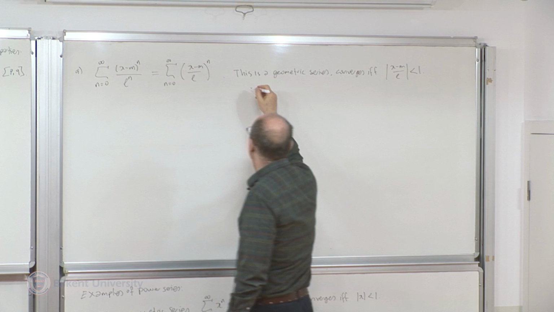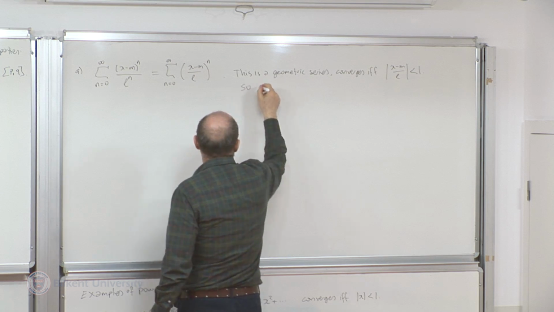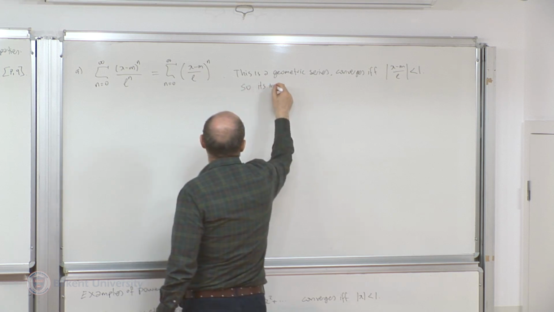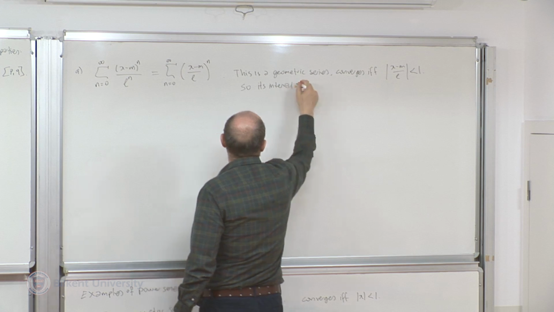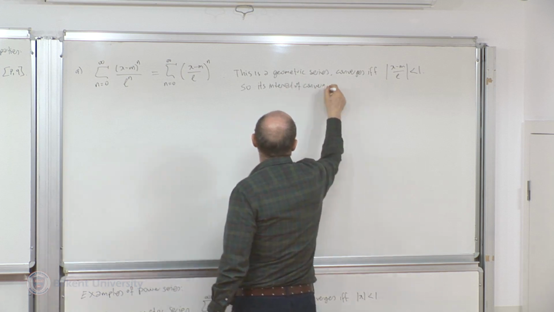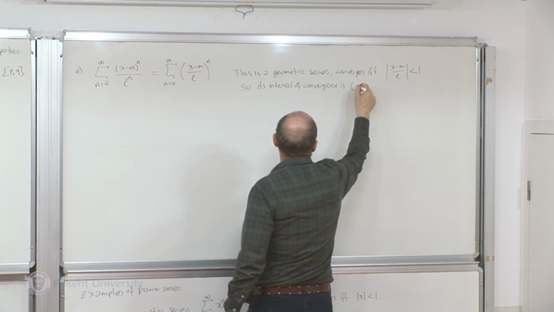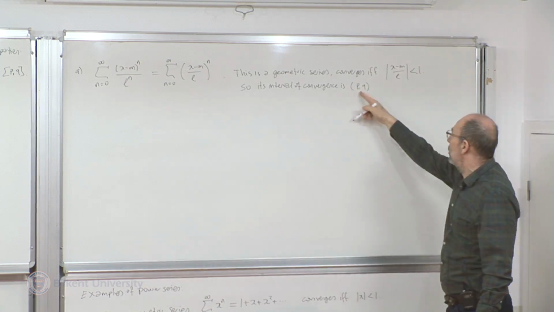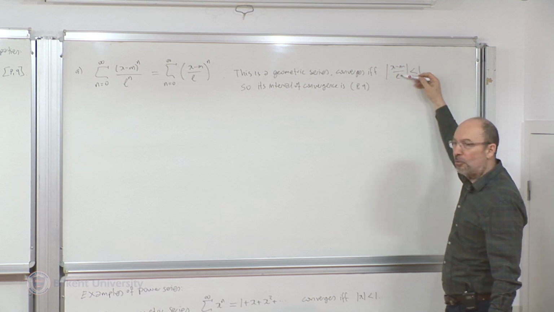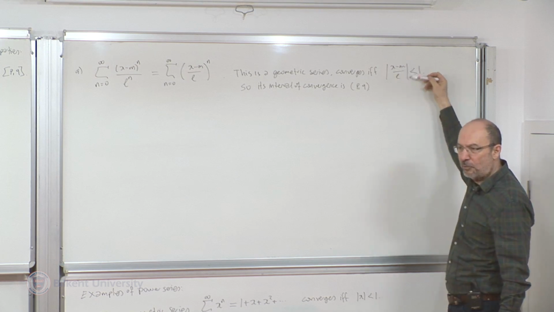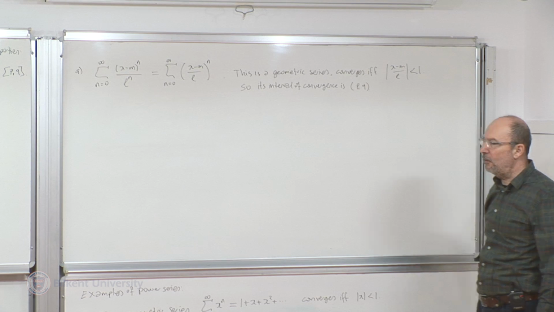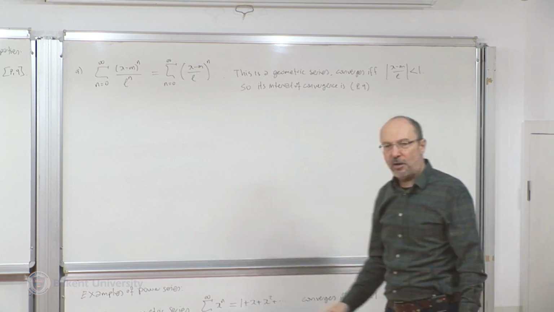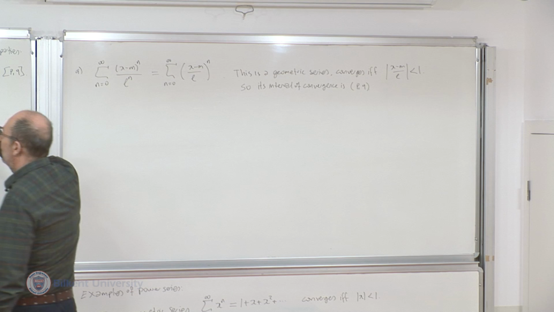So its interval of convergence is (P, Q), because at the endpoints this number is equal to plus or minus 1, so the absolute value will be 1 and it will diverge. Okay, so this case is covered.